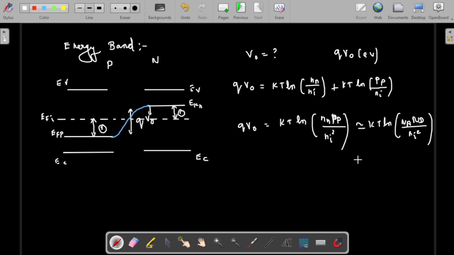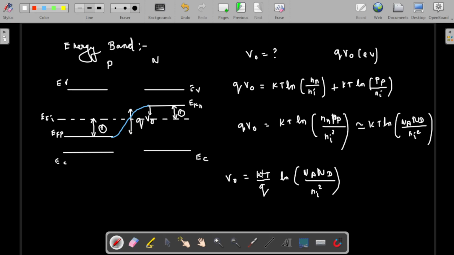Here the two charge carriers are dependent, so both the acceptor and donor atoms matter. Here q is there, right? If we divide by q, then we directly get V0. V0 is equal to kT by q, and kT by q can also be written as VT. So V0 equals VT ln(NA ND divided by ni squared).